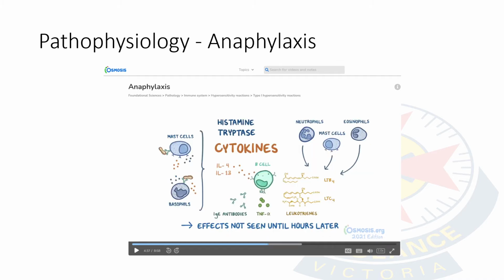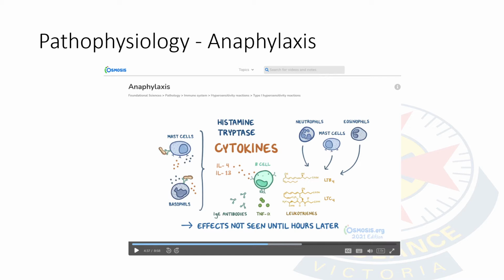When mast cells and basophils degranulate, they also release pro-inflammatory cytokines. Cytokines released can activate B cells to create further pro-inflammatory response. One of the things released by B cells is leukotrienes that attract neutrophils, mast cells, and basophils that can further degranulate.